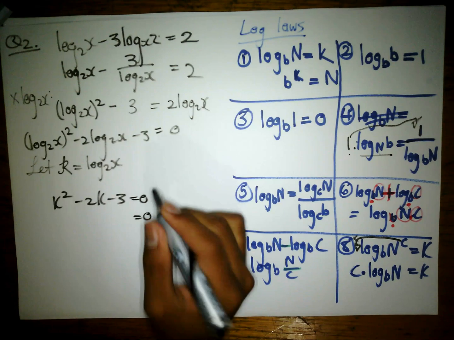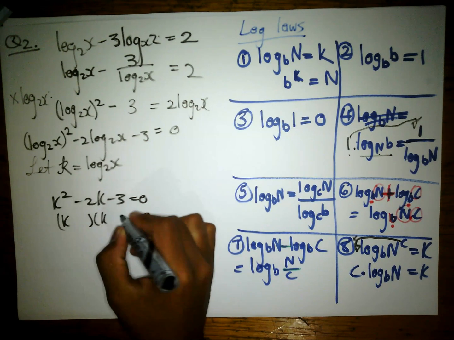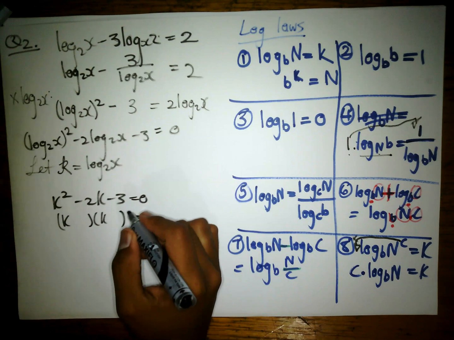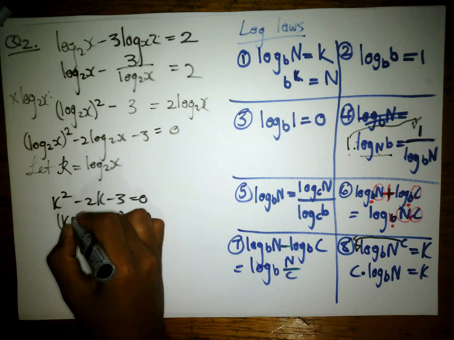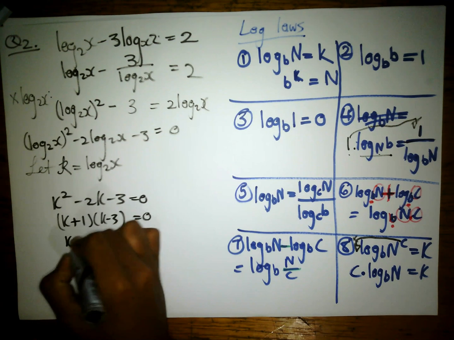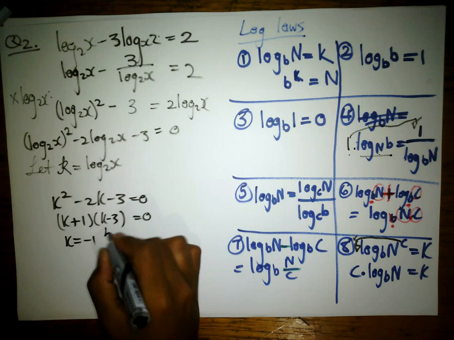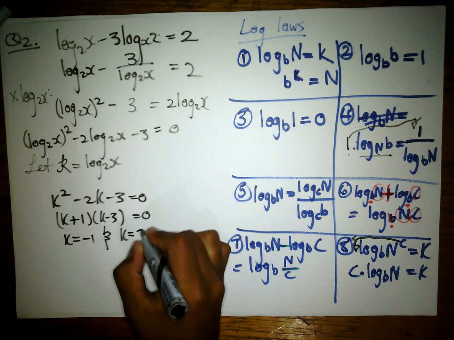So to factorize this, we have a K there, we have a K there. It's a 3 and a 1, negative and positive. So K equals negative 1 and K equals positive 3.